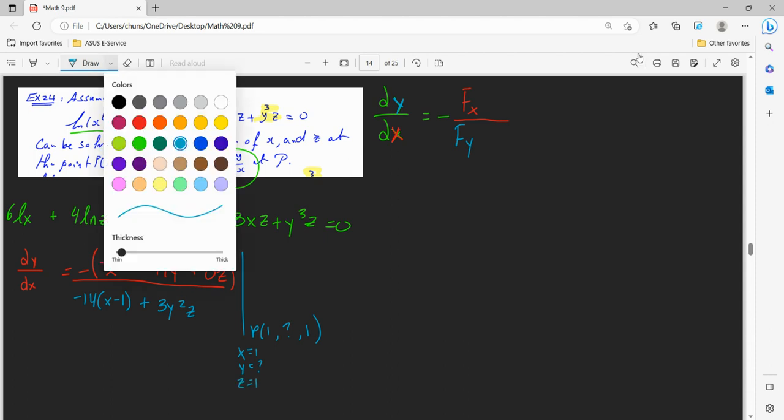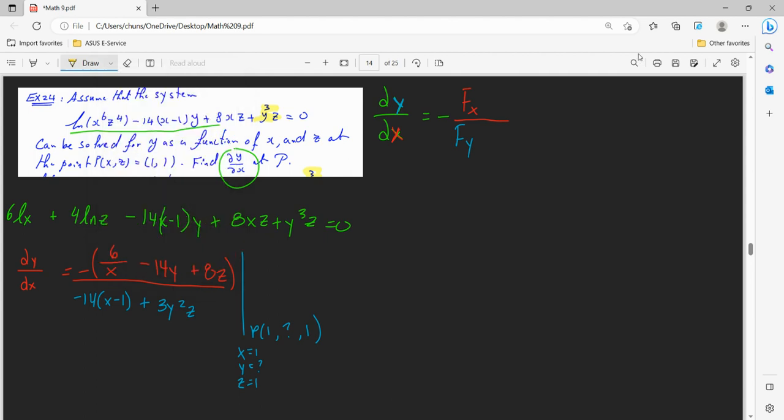So I'm going to do a little side mission. We're going to find what y is. So we're going to plug in our values of x and z in our original equation.